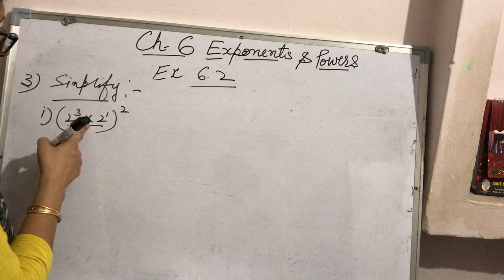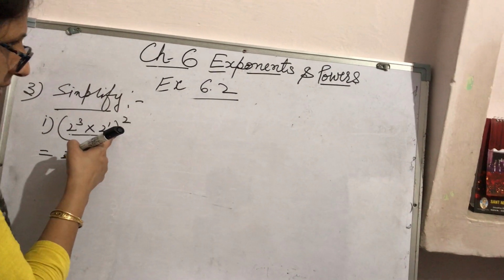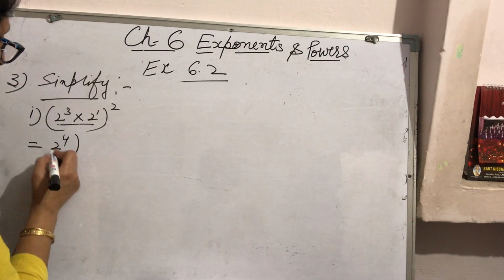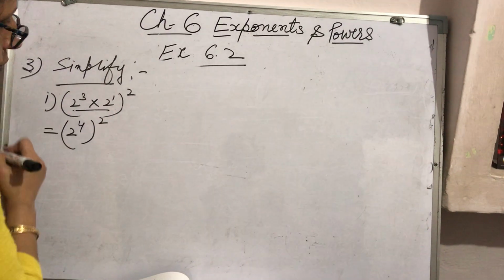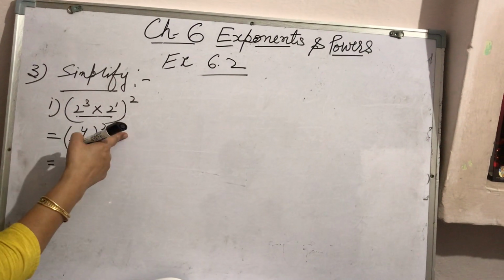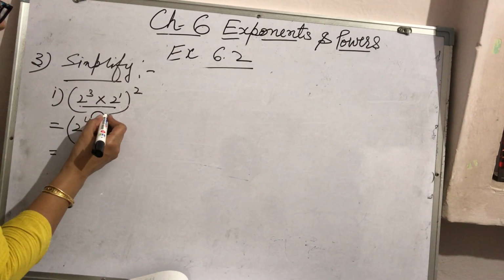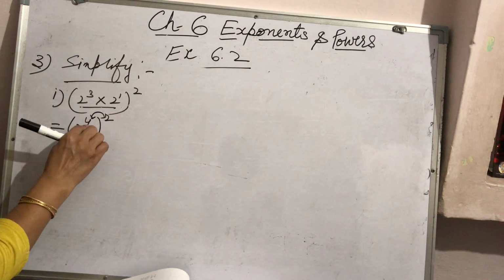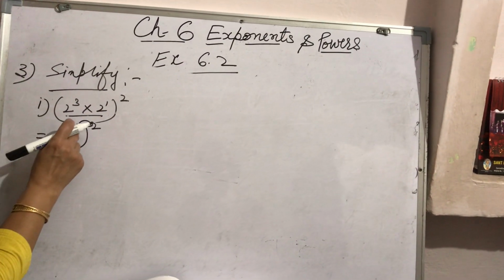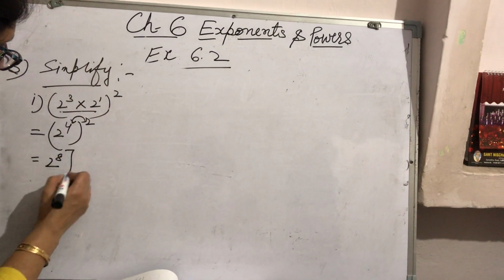The same base is there and multiplication is there, so we have to add these powers. 3 plus 1 is 4. 2 raised to power 4, and whole power 2. Now if power is over power, we multiply the powers. So 2 raised to power 8. This is the answer.